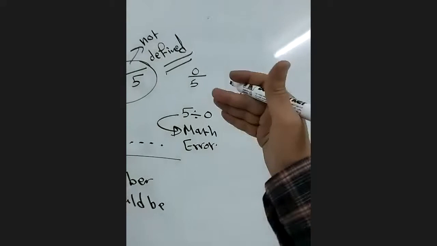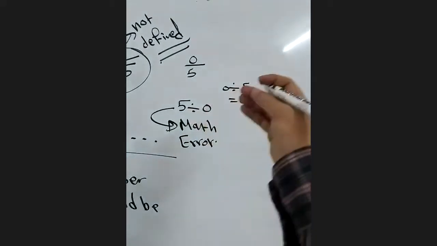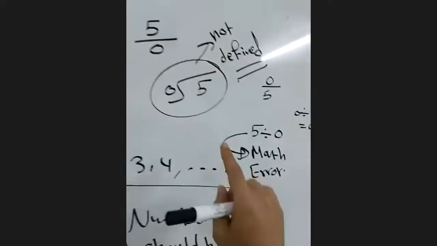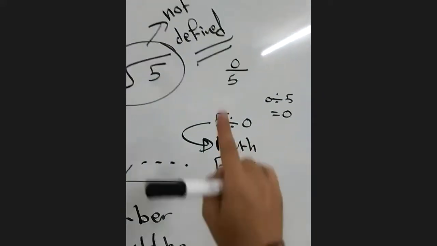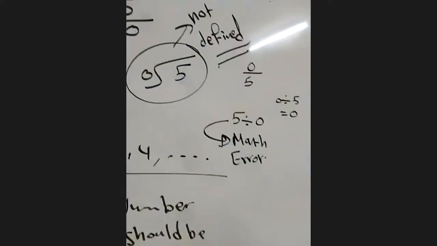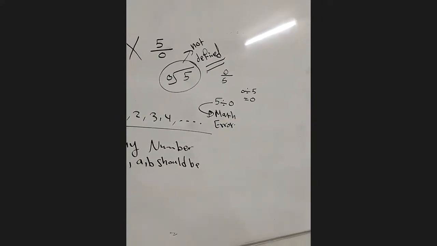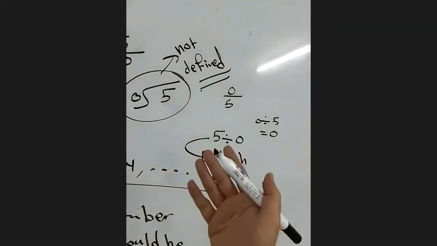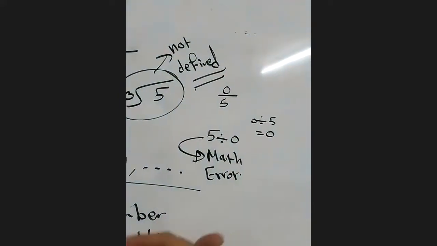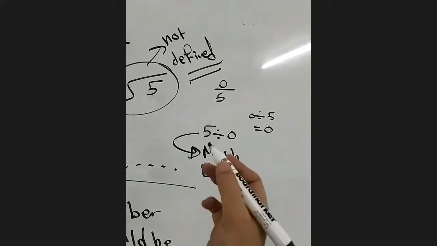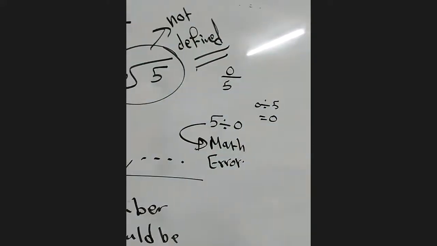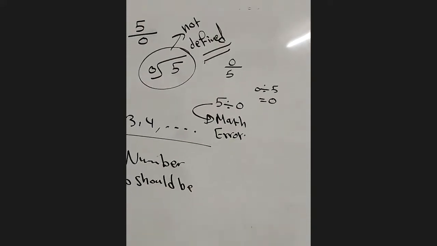So 0 divided by any number else than 0, the answer is 0. But any number divided by 0 is what? Is math error. It is not defined. Try that later. Go to the calculator and put 5 divided by 0. Not only 5, any number. 6 divided by 0, 9 divided by 0. If you put 9 divided by 0, the calculator will tell you that this is math error, okay?